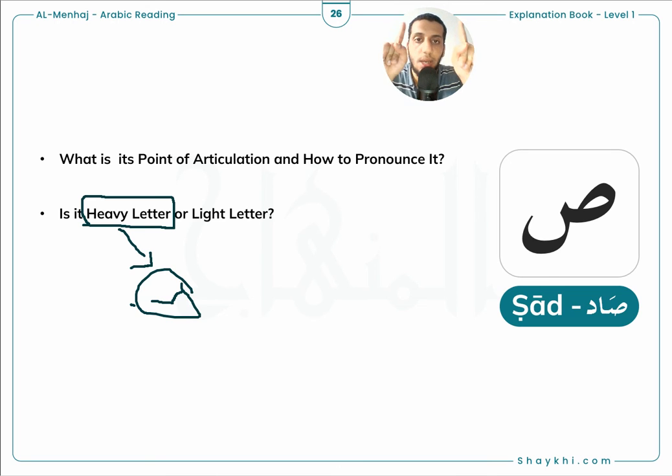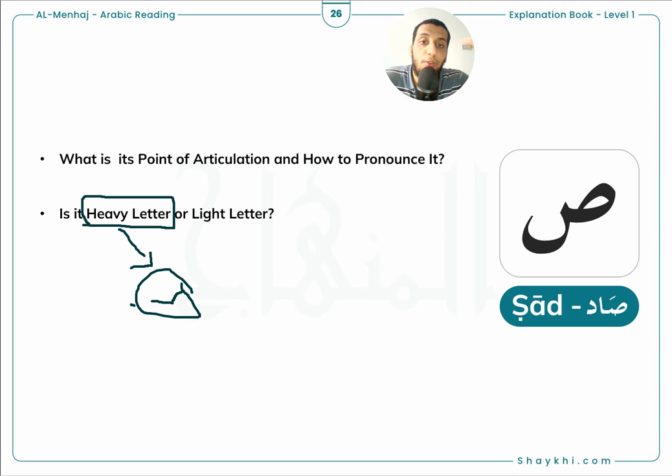No, there is no relationship between circling the lips and heaviness. Heaviness has nothing to do with circling the lips. So we will make this letter heavy, but without circling the lips. Someone might ask how? By raising the back of the tongue.